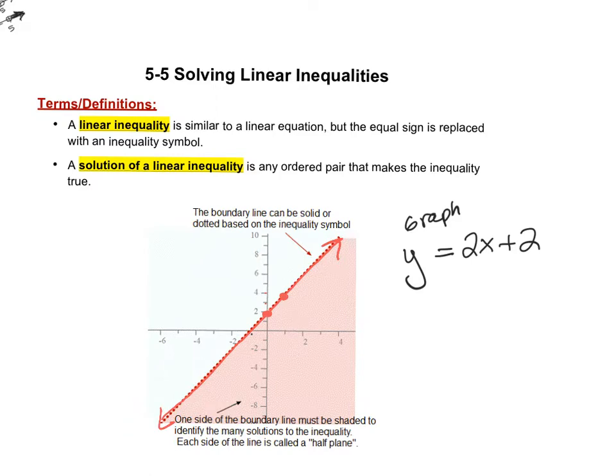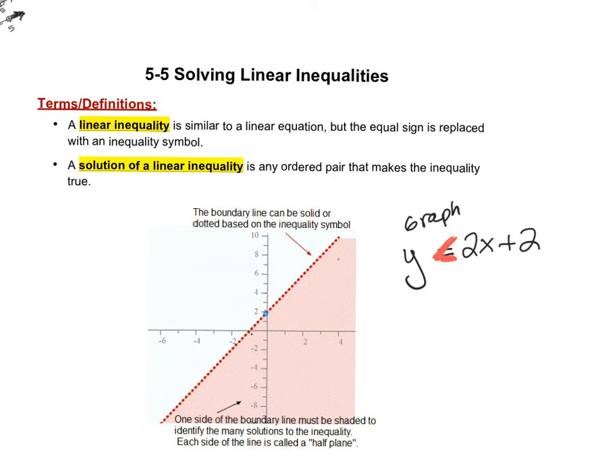The difference between that equation and the inequality, which you see listed here, is that when you have something like y equals 2x plus 2, your answer is a solid line and that's it. When you have something like y is less than 2x plus 2, you graph it in the same way.